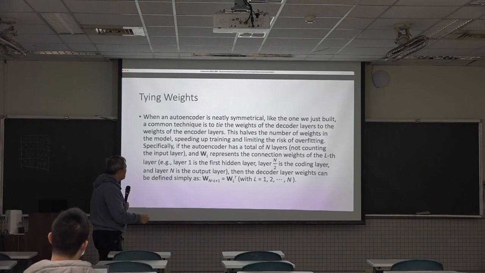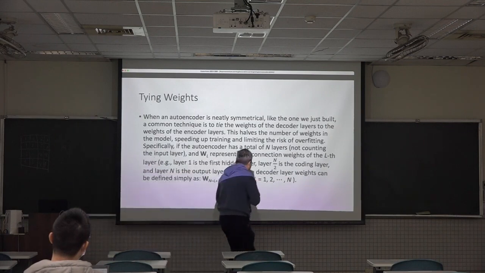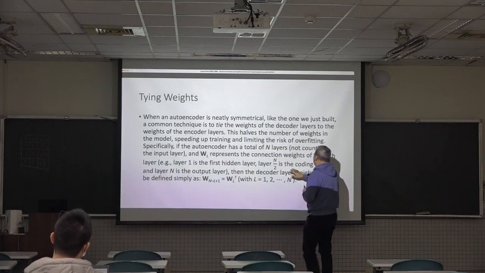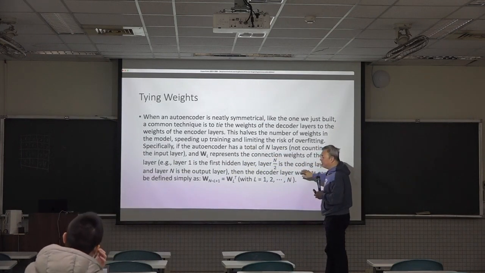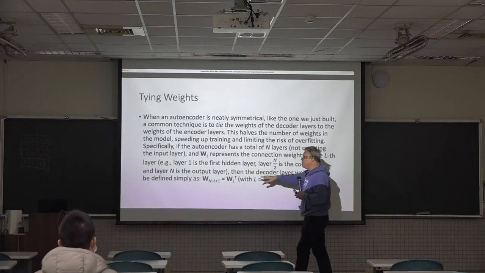So if you have a total of n layers, and WL represents the connection weight of the L-th layer, then layer n divided by 2 is the coding layer, and layer n is the output layer.